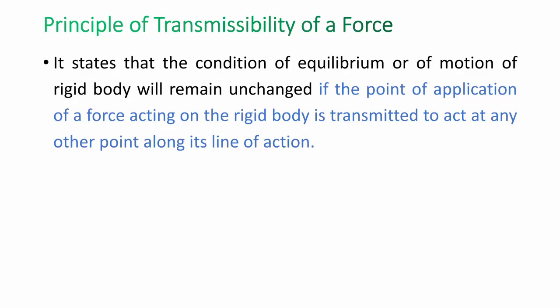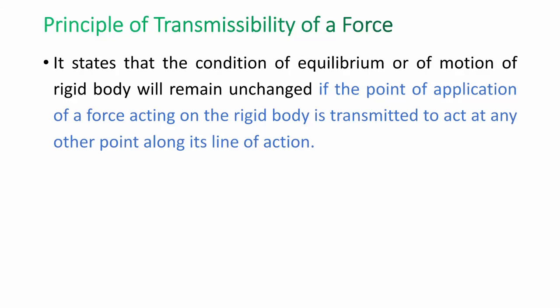So here the definition goes. It states that the condition of equilibrium or of motion of a rigid body will remain unchanged if the point of application of a force acting on a rigid body is transmitted to act at any other point along its line of action.